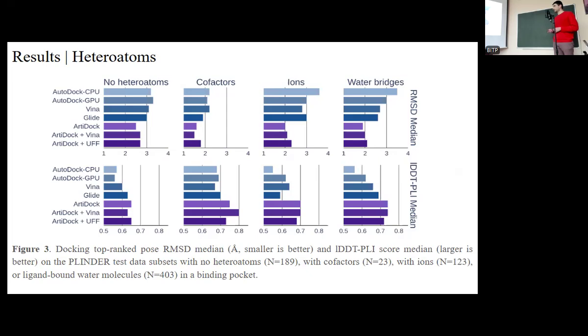So we divided the original Blinder test data into subsets according to presence of each type of heteroatom. And in all of these subsets, the machine learning-based tool is able to outperform classical tools by both accuracy estimates.